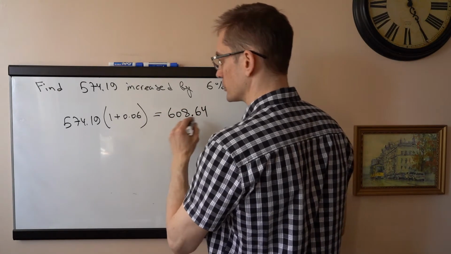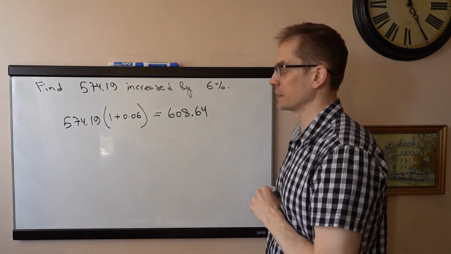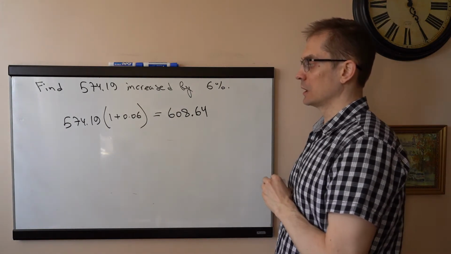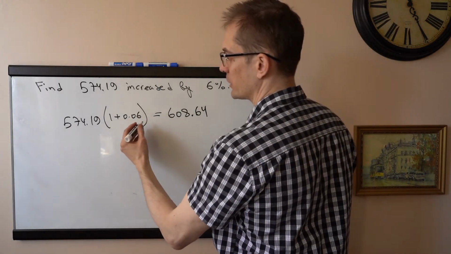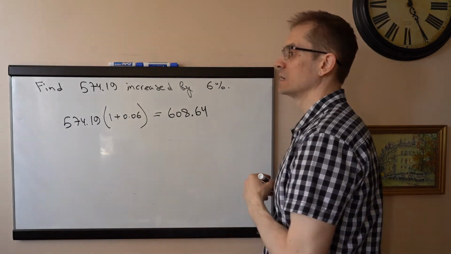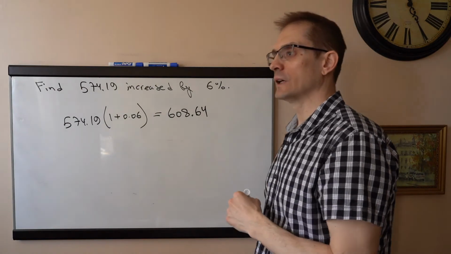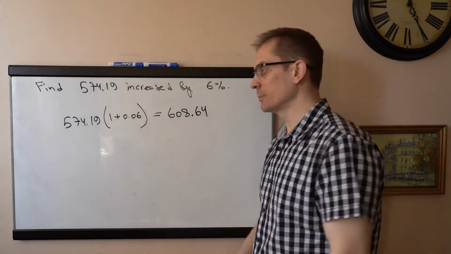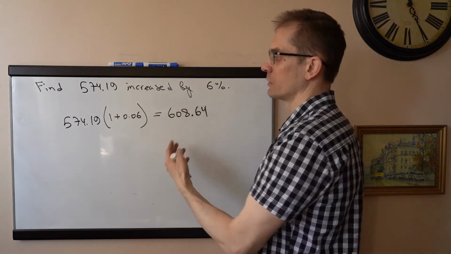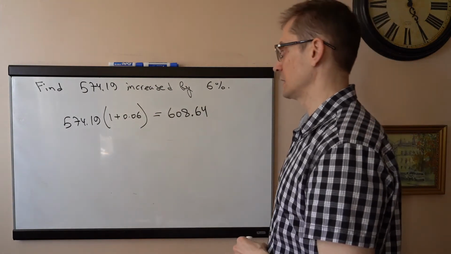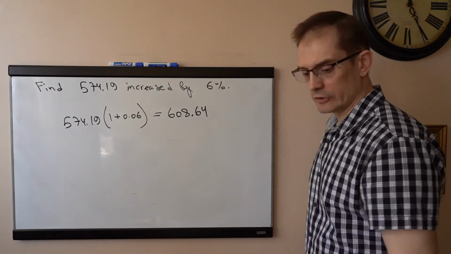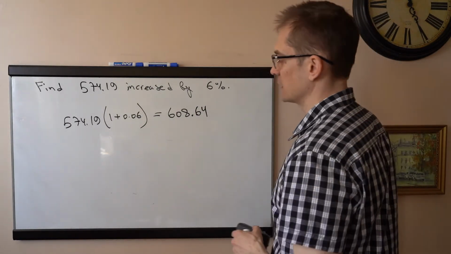It's $608.64 rounded to 2 decimal places. All right, so that's how we use that idea of finding 100 and something percent instead of adding percent on top in a problem which involves non-obvious numbers.